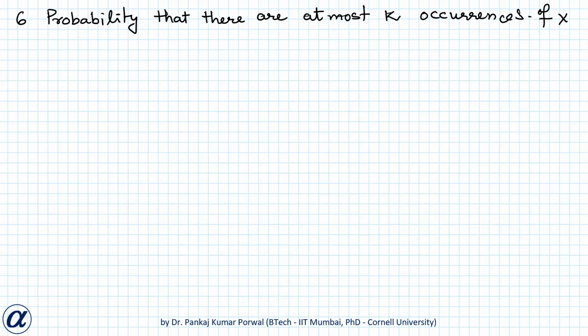Similarly, probabilities of the form that there are at most k occurrences of x can be found by breaking the event down into events of the form there are exactly r occurrences, where r varies from 0 to k. So the probability I can write is the sum of r from 0 to k.